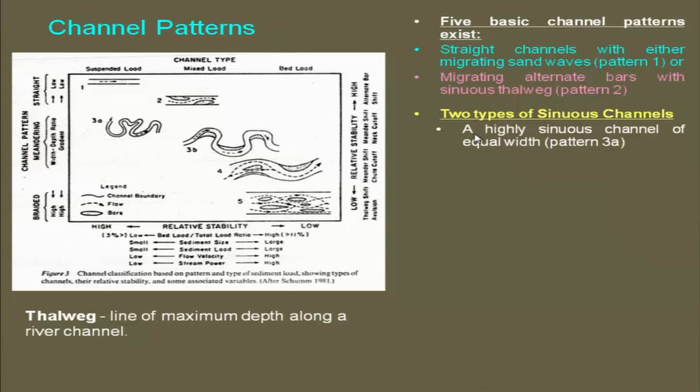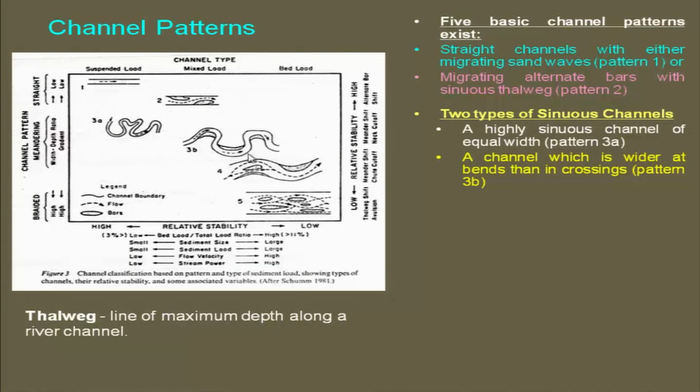In 3A you have a highly sinuous channel pattern with equal width throughout, whereas in 3B the channel width varies, becoming wider at the bends.